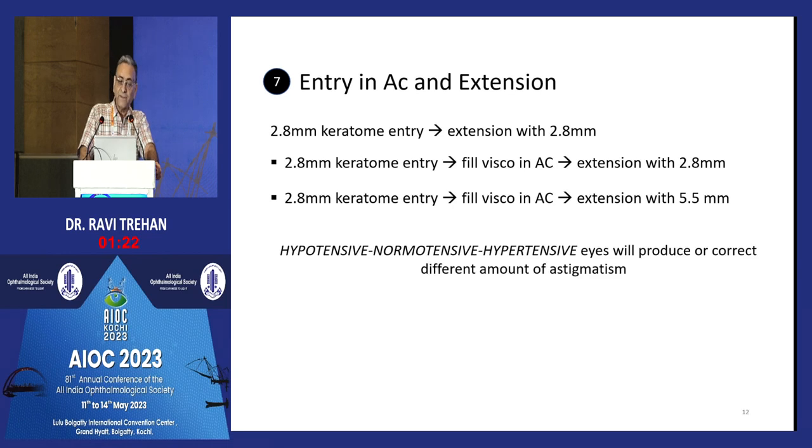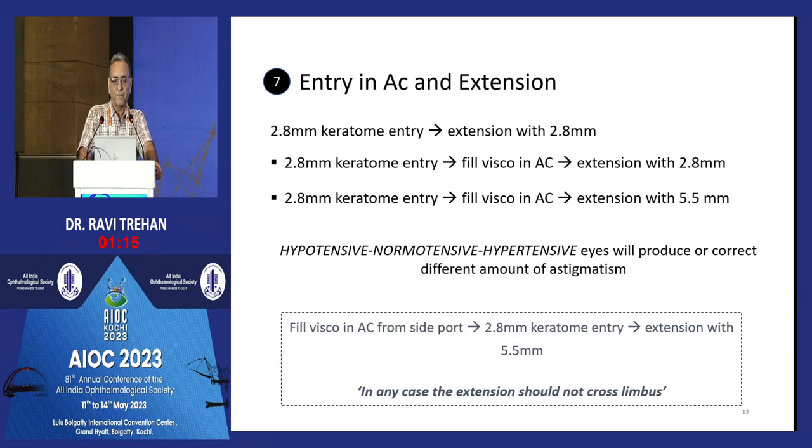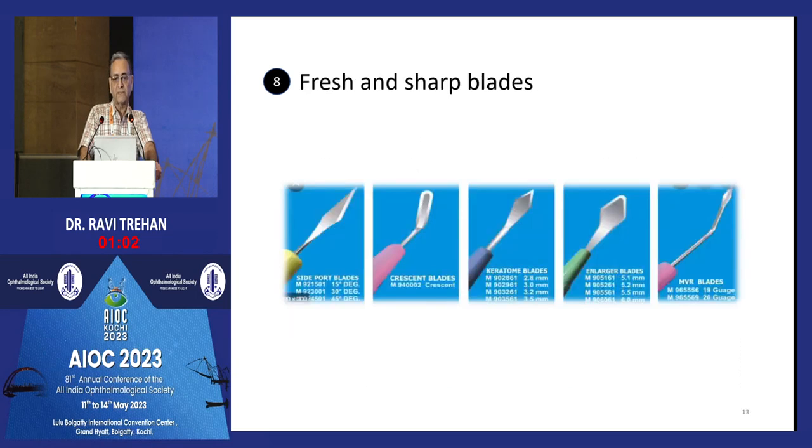Hypotensive, normotensive, and hypertensive eyes will produce or correct different amounts of astigmatism. And my choice is to fill the visco in the AC from the side port, 2.8 millimeter keratome entry, extension with 5.5. And one important point, in any case, extension should not cross the limbus.